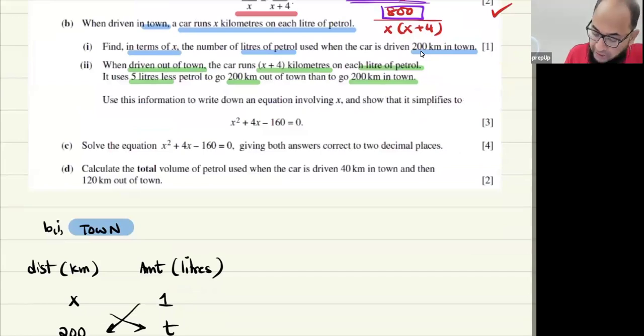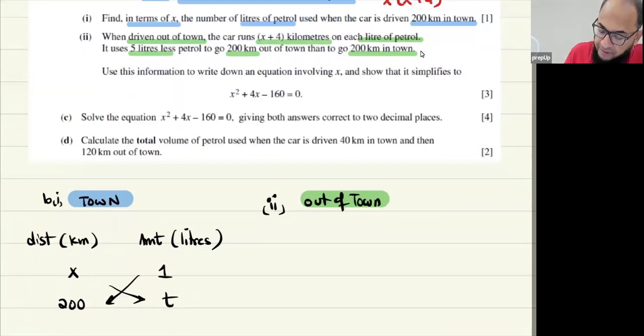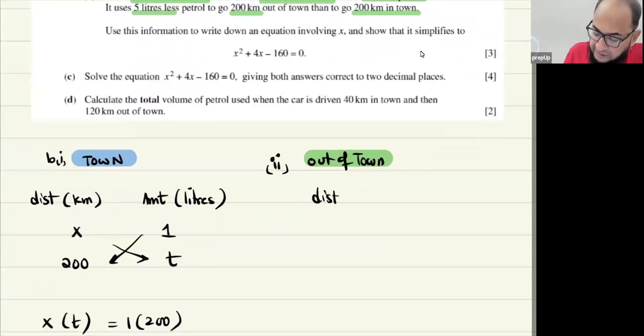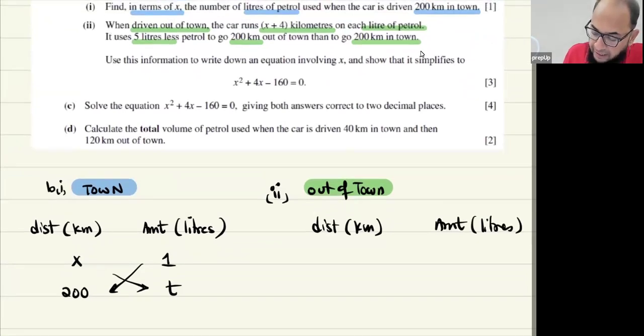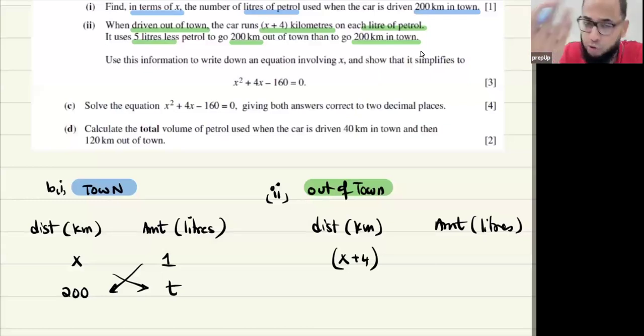Now, what I will do over here is write out of town. I'll write part 2. I'll first write the same thing as before, distance in kilometers, amount in liters. Now x plus 4 kilometers on 1 liter of petrol. We know from our experience, those people who drive, that you can have more mileage, like with less liters, you can drive more.